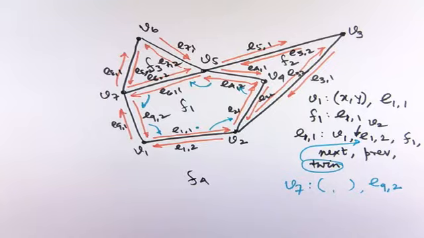Okay. This was just an example, and it is worked out at length in the slides that follow. So, in case you want to refer to it in future, you can do that.